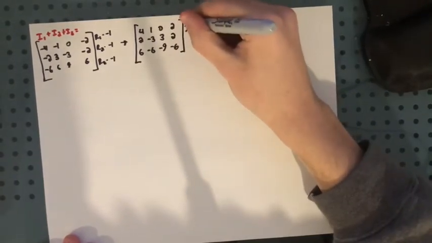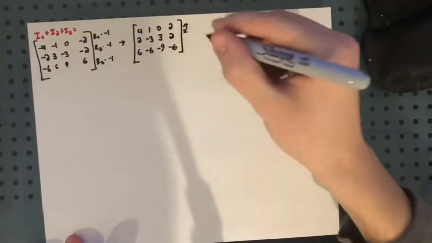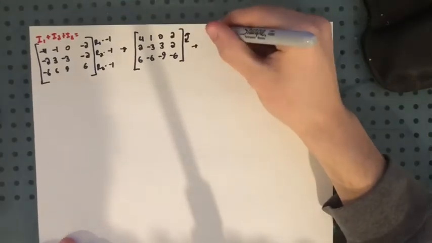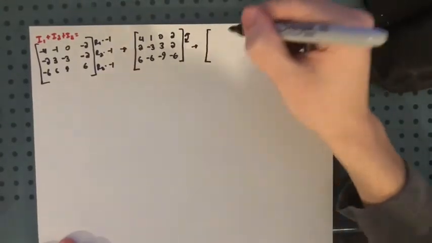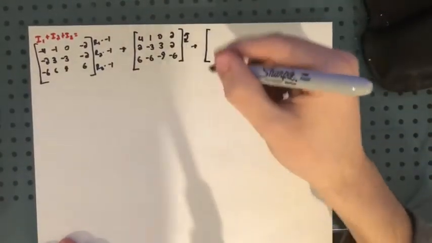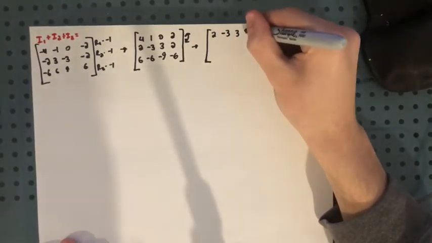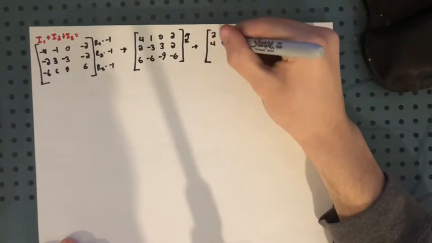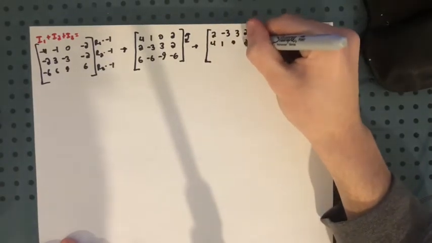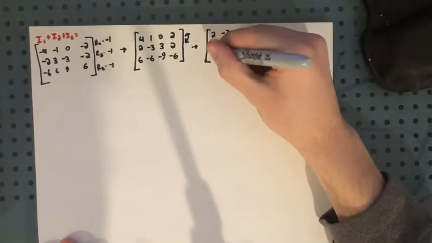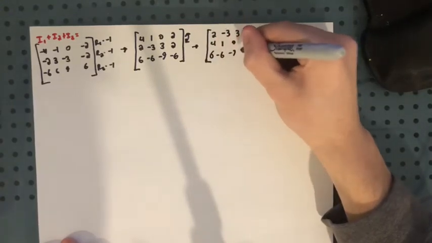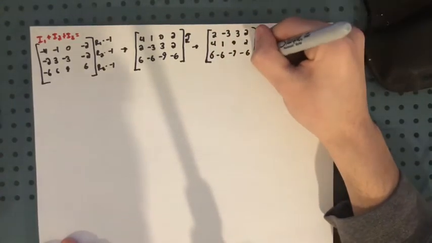Now I'm just going to swap out these two rows over here. So that will make our new matrix equal to 2, negative 3, 3, 2, 4, 1, 0, 2, and then 6, negative 6, negative 9, negative 6 again.